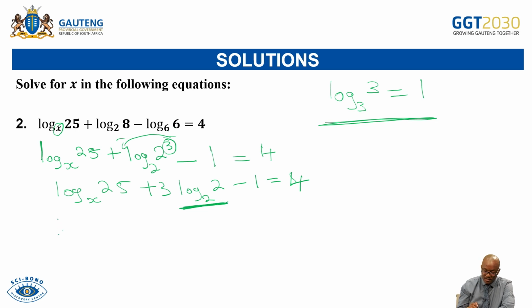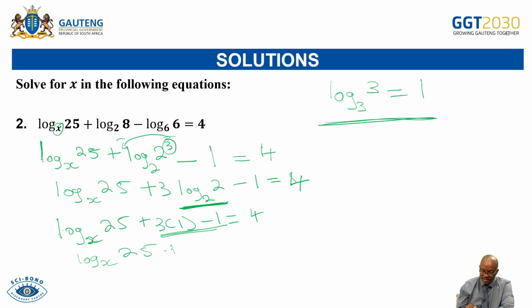Then you're going to have log base x of 25 plus 3 into 1 minus 1 is equal to 4. Then when we add, you're going to get plus 2 is equal to 4.